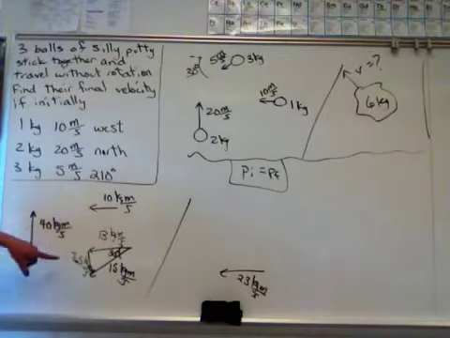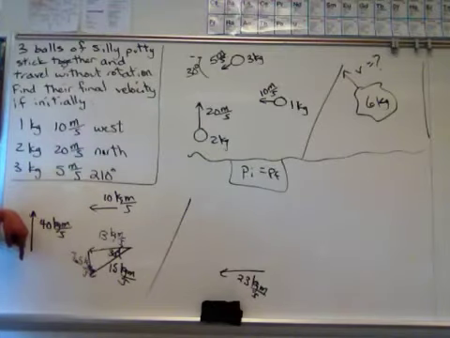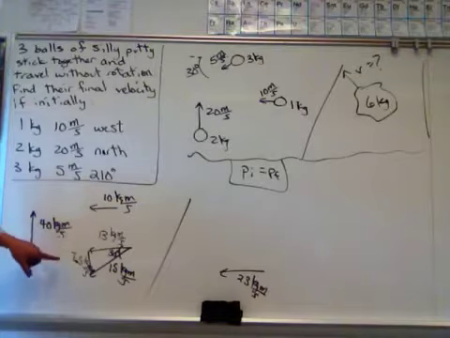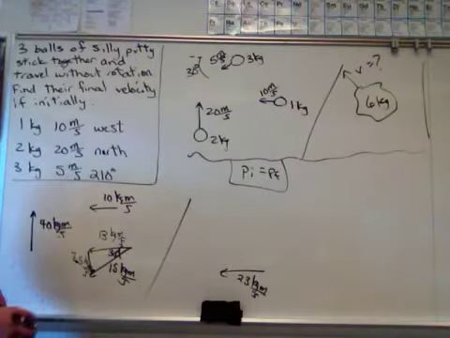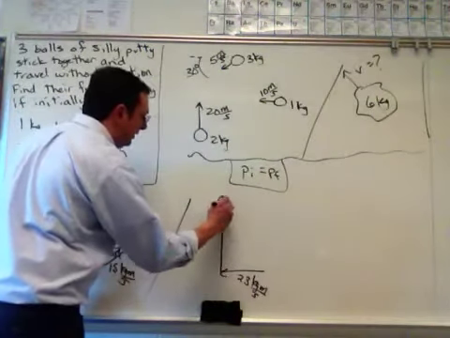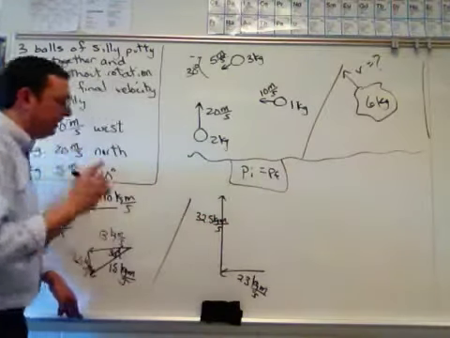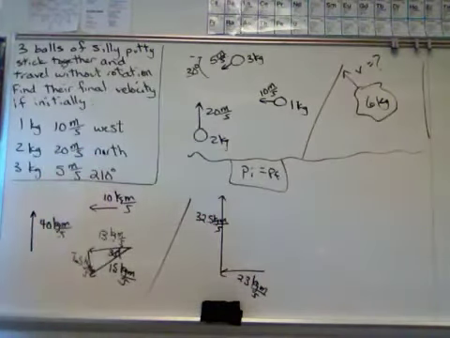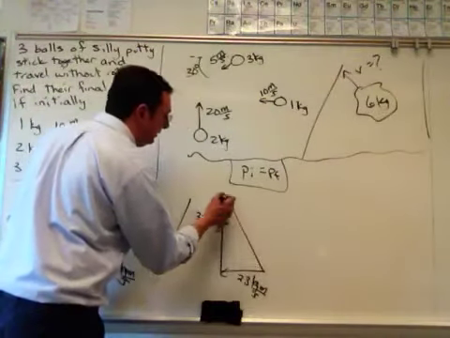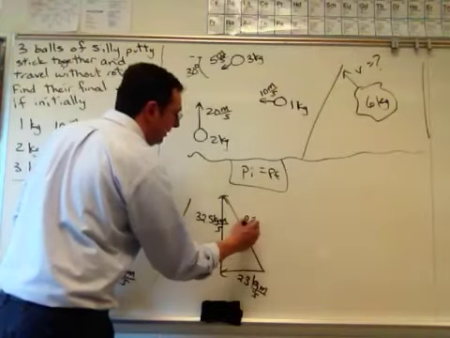And the 40 and the 7.5, one is north, one is south, and those 2 would be combined, 40 minus 7.5 gives you 32.5. Here is a 32.5 kilogram meter per second momentum vector north. Combine those 2 to get the momentum at the beginning.